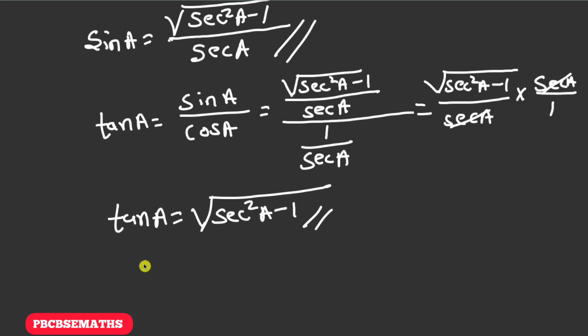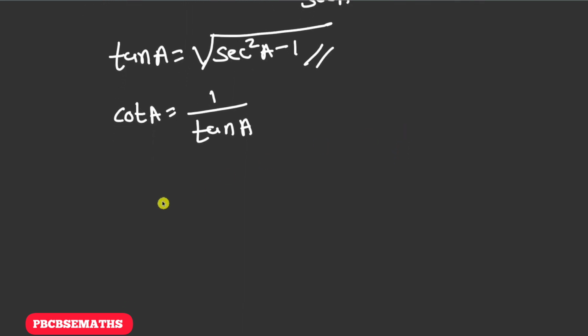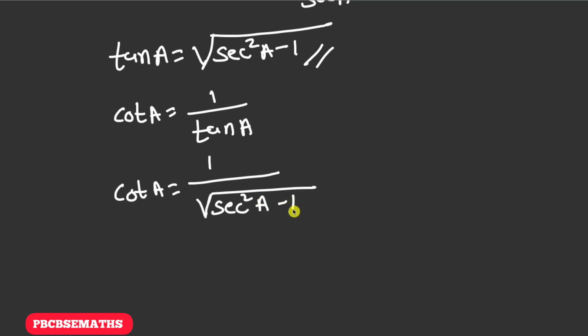Then let's represent cot A. We know that cot A is equal to 1 by tan A. So we can write cot A is equal to 1 divided by square root of secant square A minus 1, since the value of tan A is square root of secant square A minus 1.